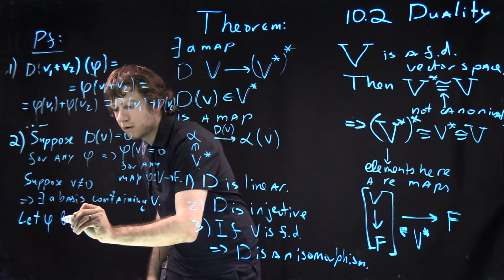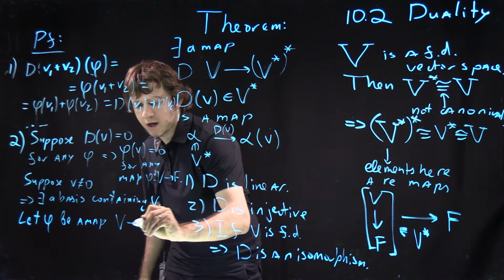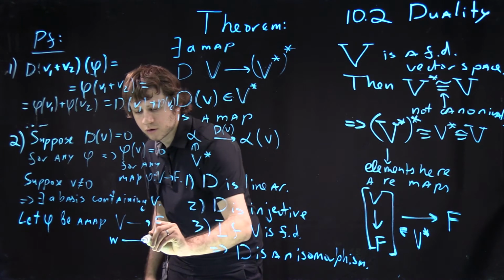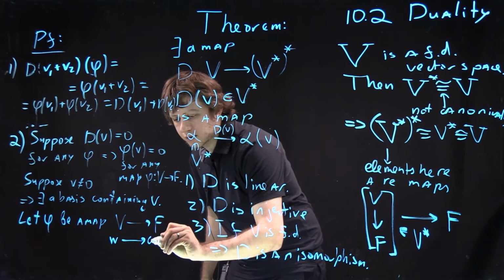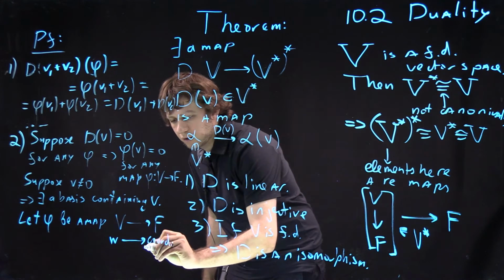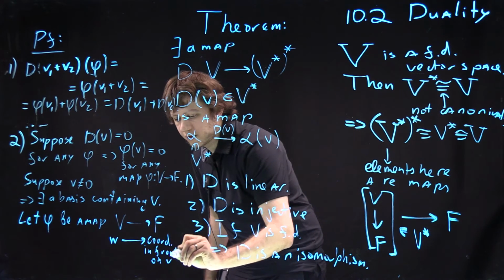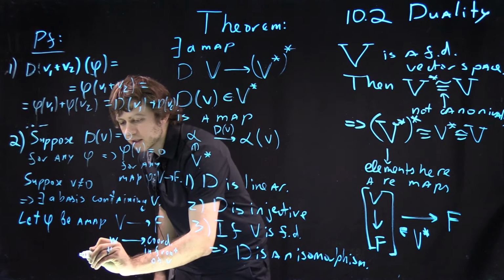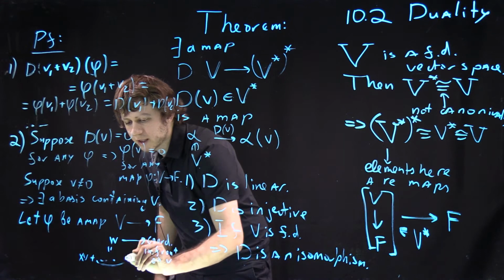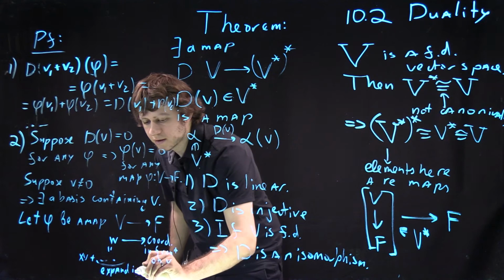And then let phi be a map from V to F, which sends any vector w to the coordinate in front of v, so to speak. So what we do, we take w, we write it in this basis, and we get something x times v plus other terms, where we expand in the basis.